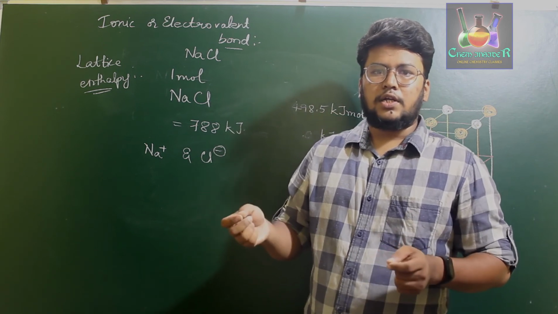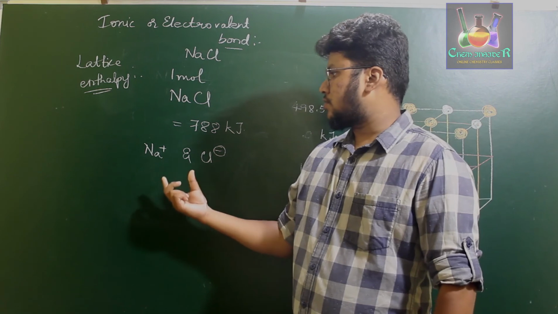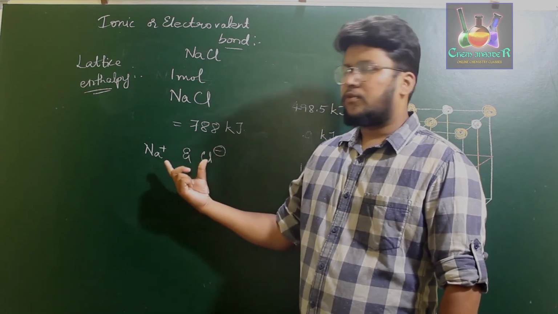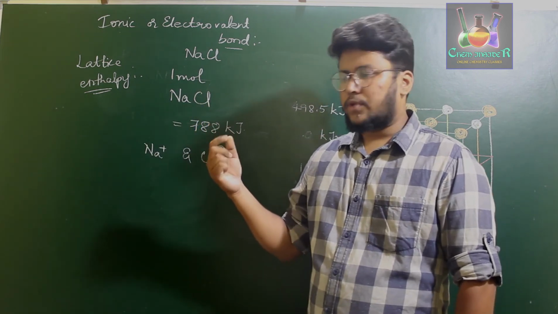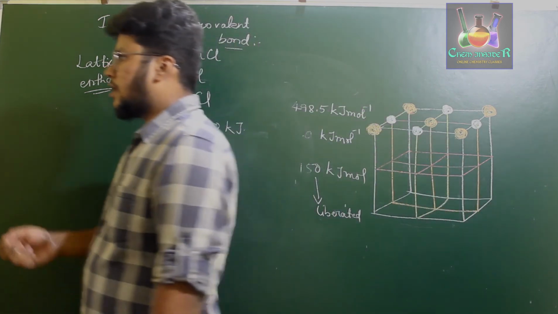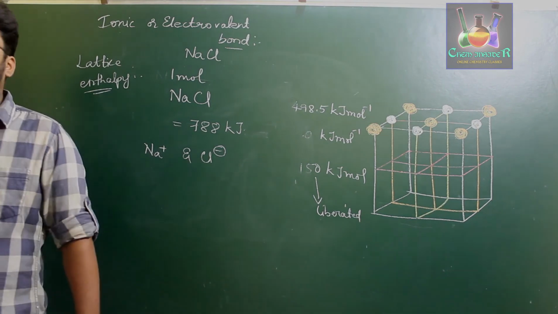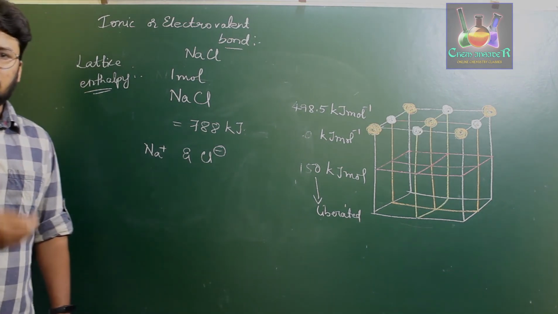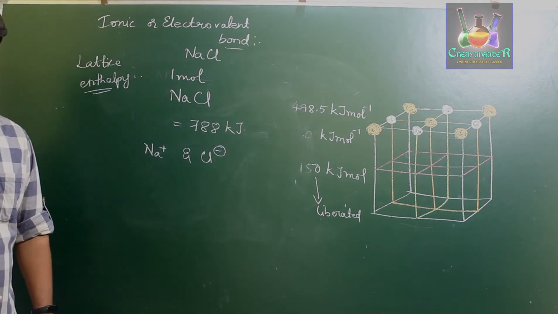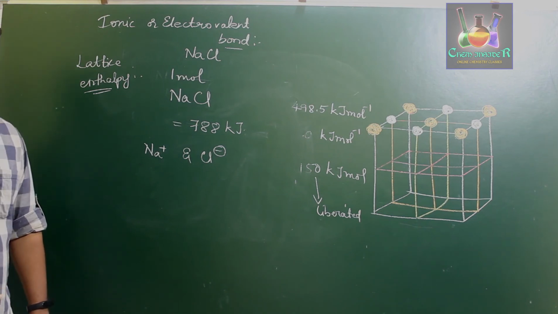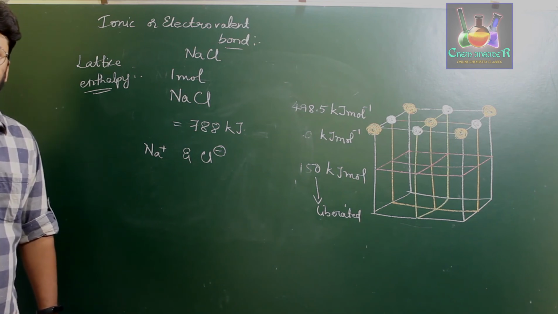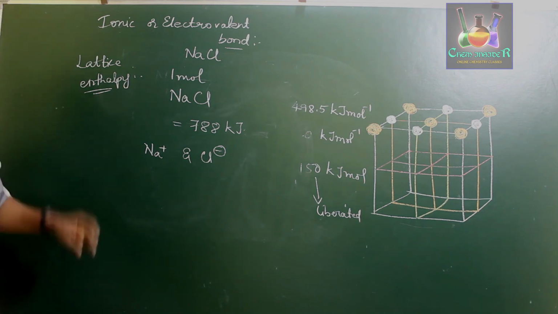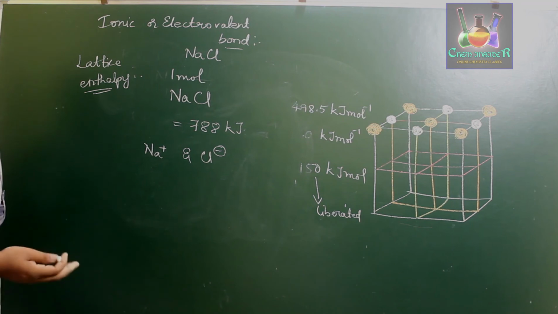The energy used for this process of separating the two ions to an infinite distance is called lattice enthalpy. So lattice enthalpy is the energy required to separate the ions from the neutral ionic compound, making sure those two are as far apart from each other as possible.